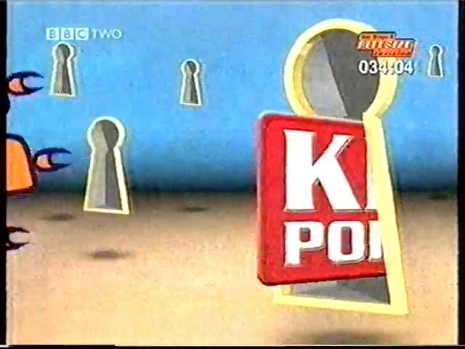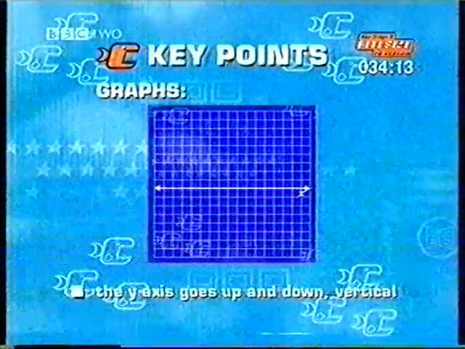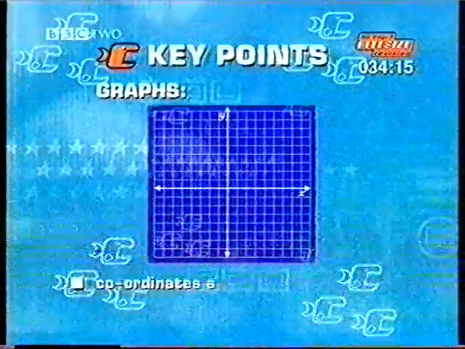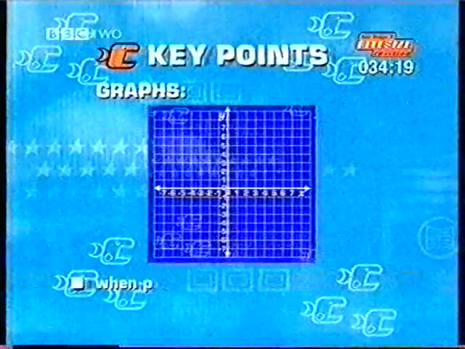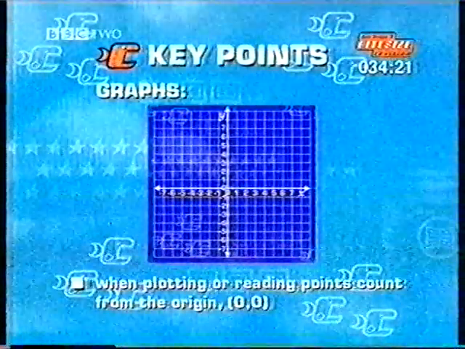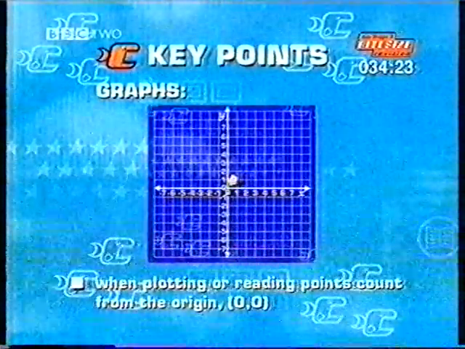Let's go to the key points about coordinates. The x-axis goes across horizontally. The y-axis goes up and down vertically. Coordinates are written with an x value first and then the y value. When plotting or reading points, count from the origin, which is 0, 0.